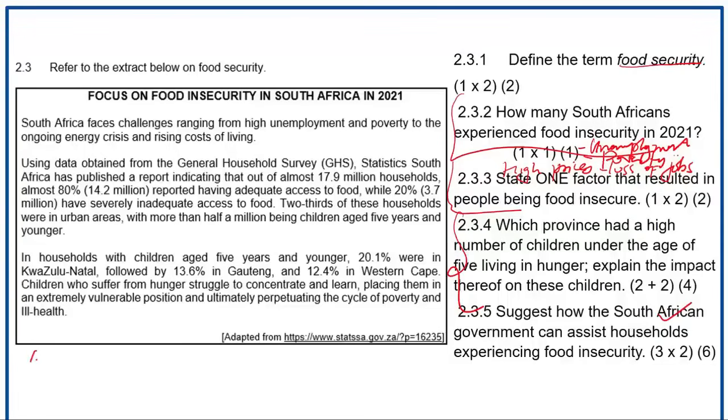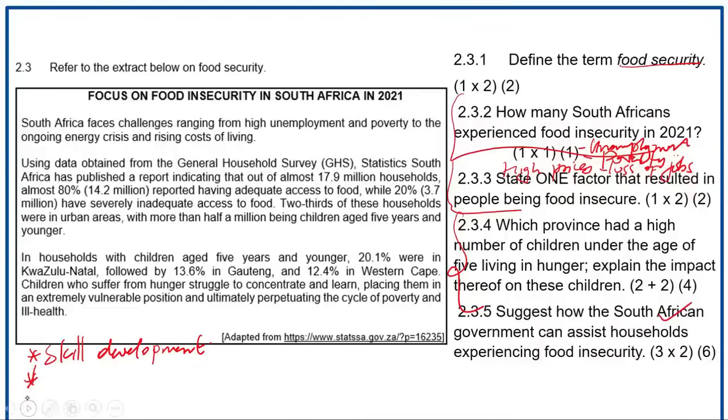Number one, the government can have skill development so that people can produce food. You can train people how to produce their own food, because you cannot keep on feeding people, that becomes unsustainable. So skill development.